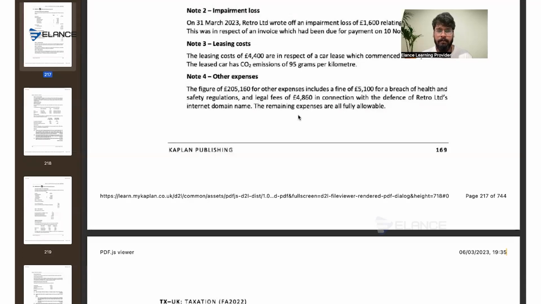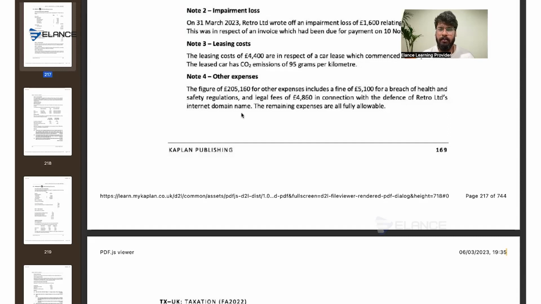Internet domain name, capital expenditure or revenue expenditure, or additional protection? Okay, domain name, revenue expenditure. Capital legal fees we would not allow, capital is disallowed for us.